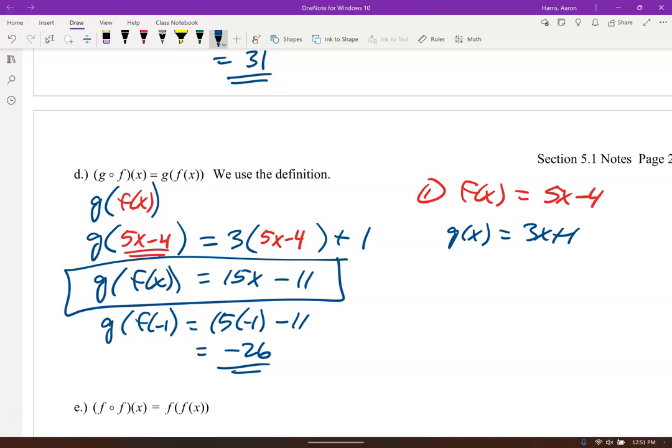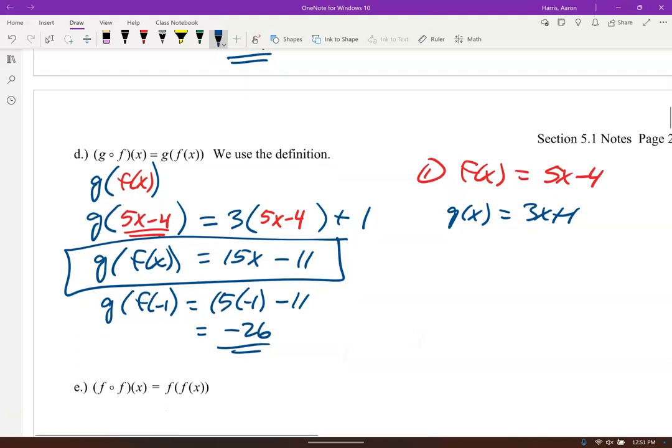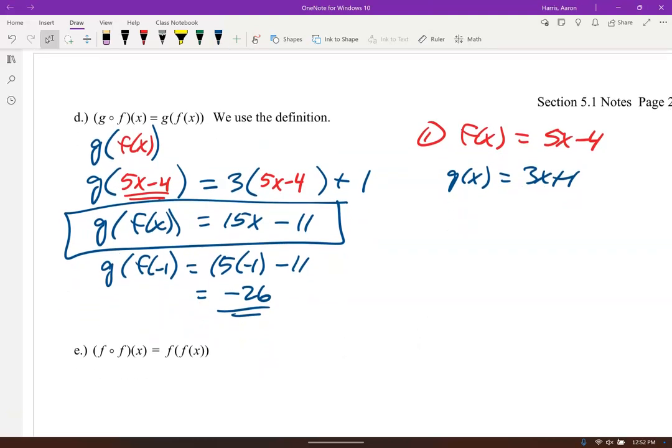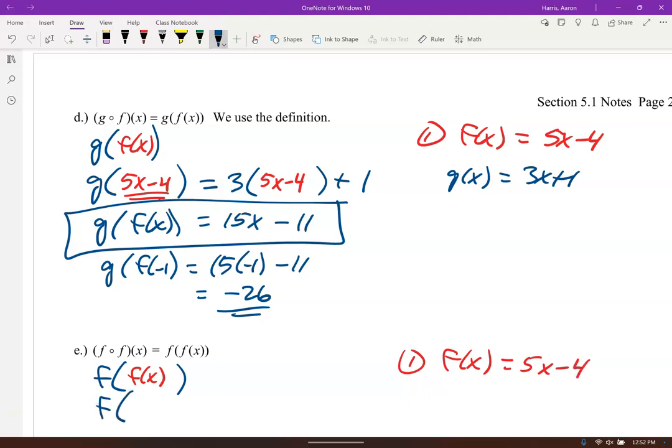All right, a couple more. We got f of f of x now. Note, f of x was 5x minus 4. So this is f of 5x minus 4.